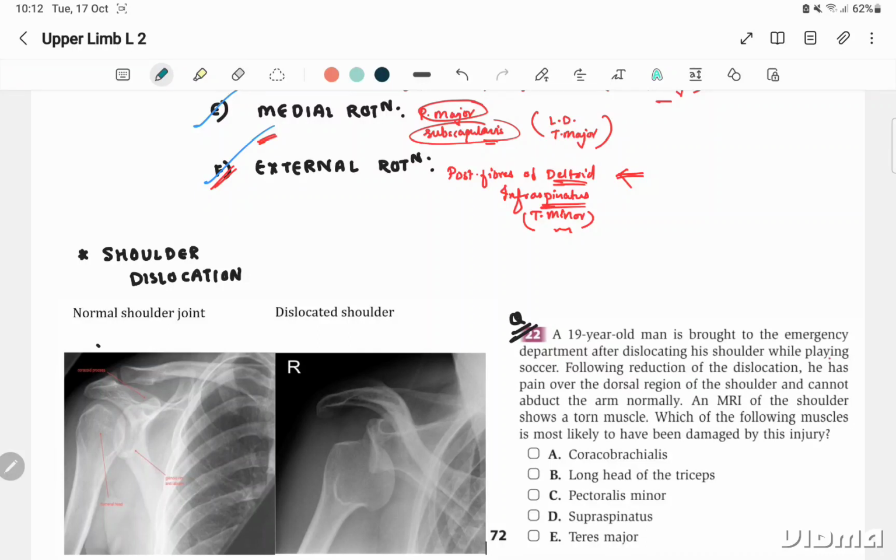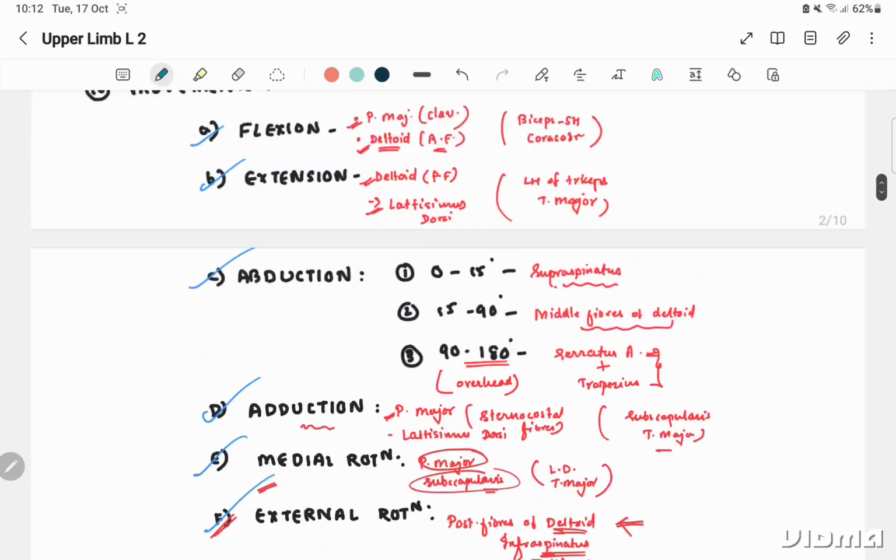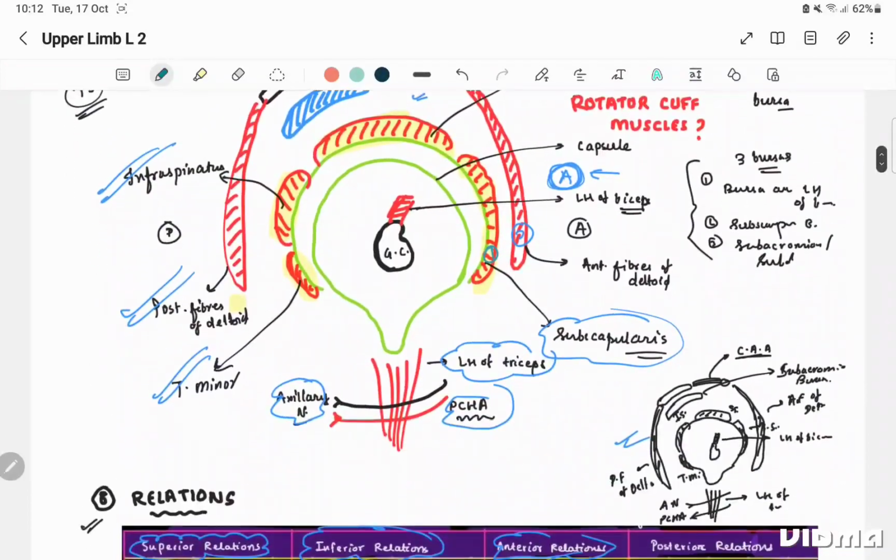Then we want to discuss the topic called shoulder dislocation. For shoulder dislocation, you have to just know the direction. It occurs mostly in the inferior direction, because the inferior part is the weakest, because the capsule is less prominent in the inferior direction.